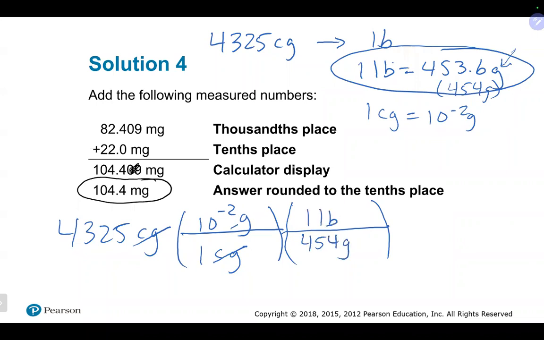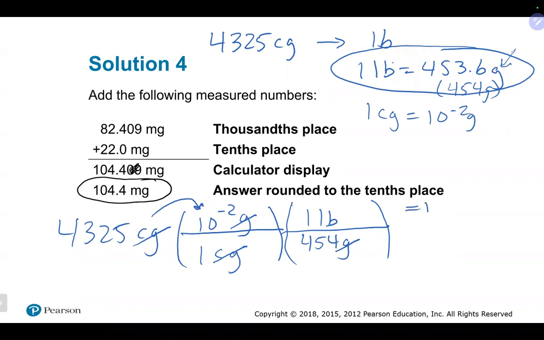Now, again, the grams and the grams are going to divide themselves out. We are left with pounds up on top, which is the unit we're actually looking for in this particular case. And we would do 4325 times our 1 times 10 to the minus 2. I would hit equals. That is basically multiplying everything that's up on top.